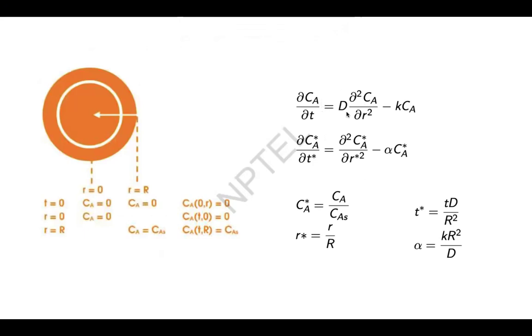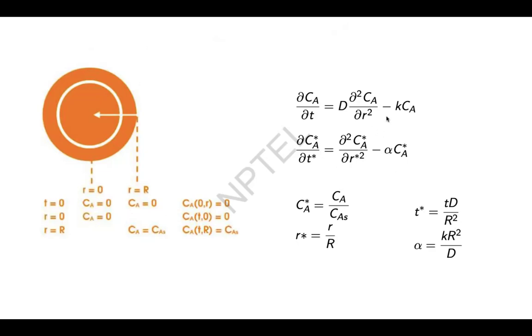Dou Ca by dou T is equal to D dou square Ca by dou R square minus Ka. So the first thing is this equation has been converted into a dimensionless equation where you rearrange this equation basically. That is Ca you divide by Cas, R you divide by capital R, and time instead of T you write a new variable T star. T star is nothing but T D by R square.